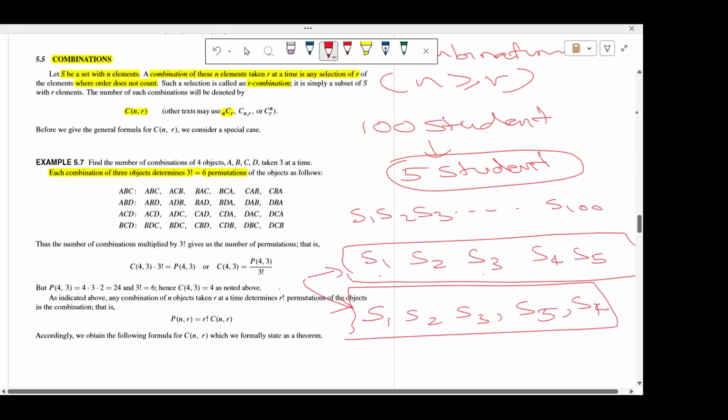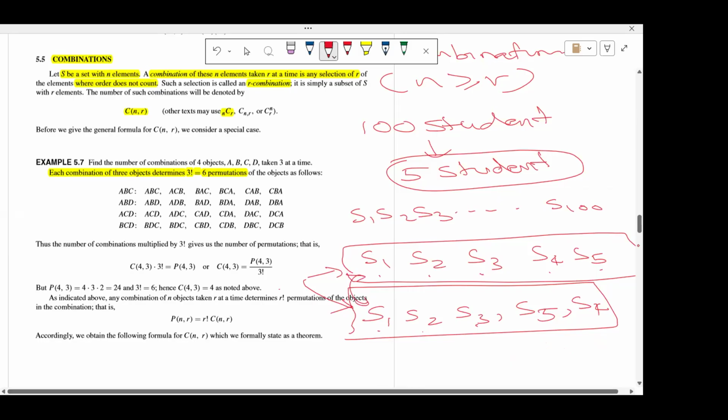Why do we consider these two the same group? Because the students allocated to this group are S1, S2, S3, S4, S5, and this one also has S1, S2, S3, S4, S5. Maybe S1, S2, S4, S3, S5, so this one is also the same group, right? So in combination we only consider these as the same.